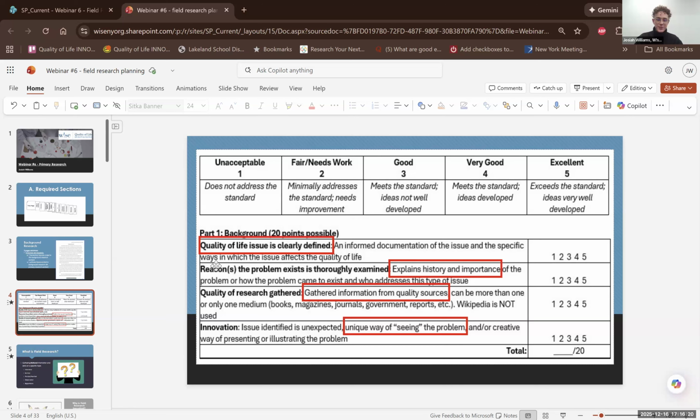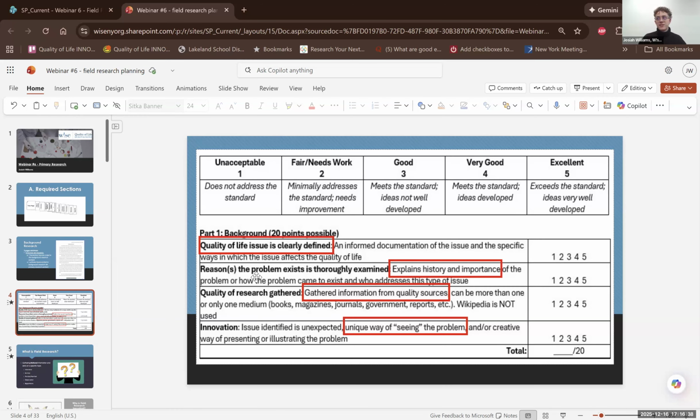And then you also have to talk about the reasons, the problem, or I don't like the word problem, maybe the reason that your topic exists, right? So the reasons the issue exists, so go into the history.